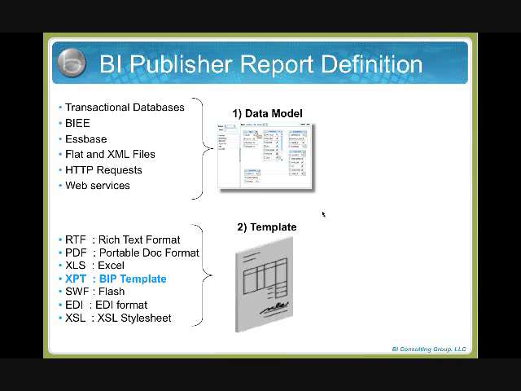The first one is the data model, and the data model is nothing more than the way that BI Publisher will generate and source the data. It will connect to transactional databases. It will even connect to the BI server or an Essbase database, or even use XML flat files. It can also grab data from HTTP requests or web services.